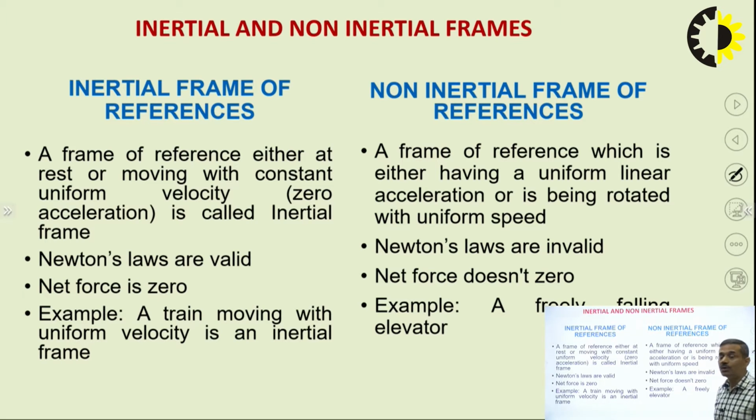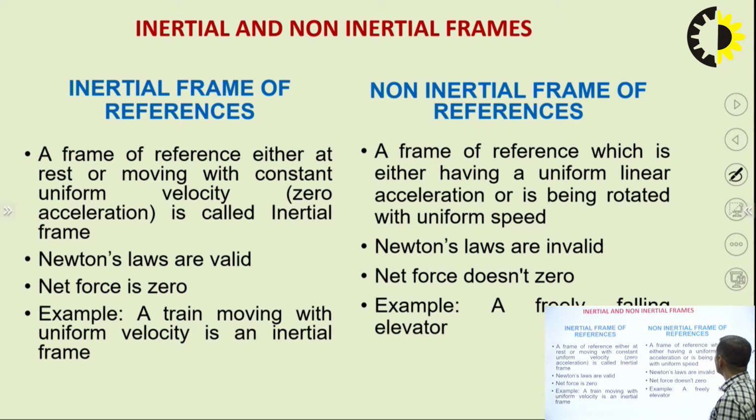Similarly, a non-inertial frame is a frame of reference which either has a uniform linear acceleration or is being rotated with uniform speed. That means the frame which is accelerated basically. So there will be no uniform motion between object and observer in non-inertial frames.